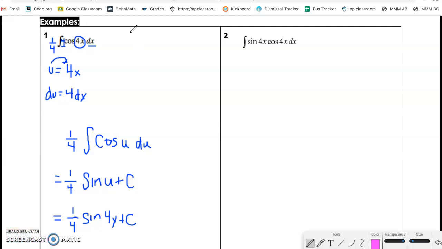This is only true if it's just a plain number, so it's not x squared, it's nothing fancy, just a constant times x.